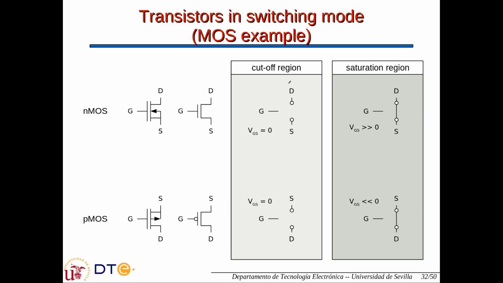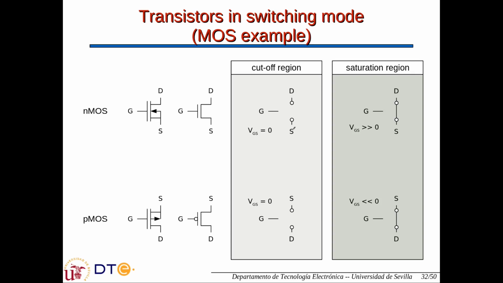In the cutoff region of a PMOS transistor, basically we have the gate terminal that controls if current can flow through the other two terminals, the drain and the source. And it happens that in this transistor, when the gate to source voltage is close to zero, the transistor is cut off.